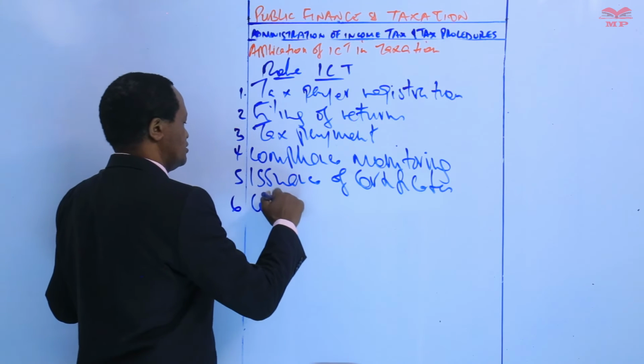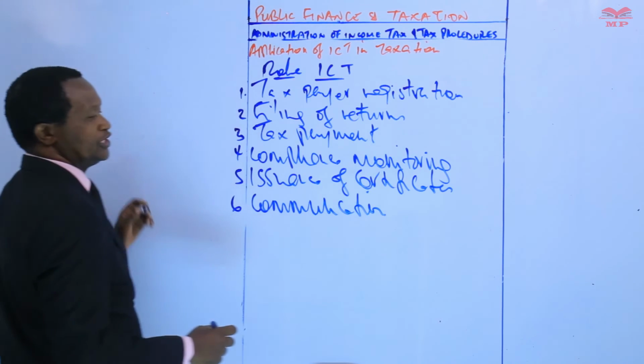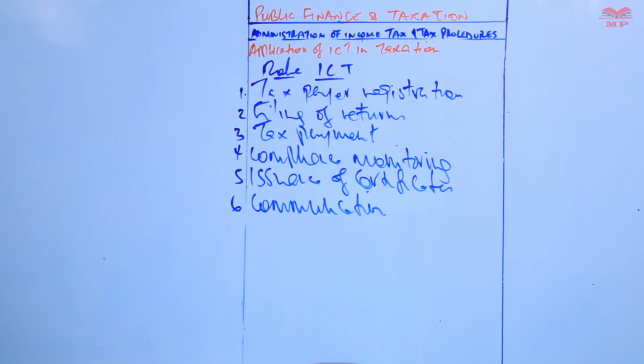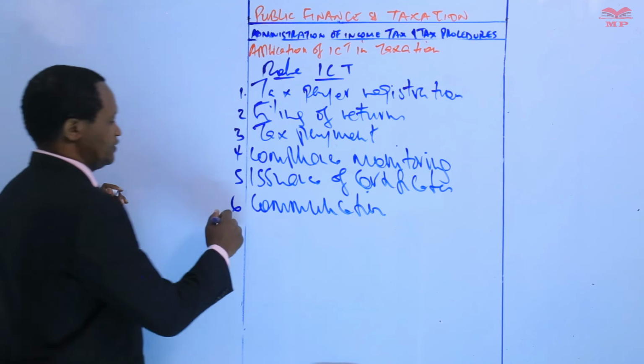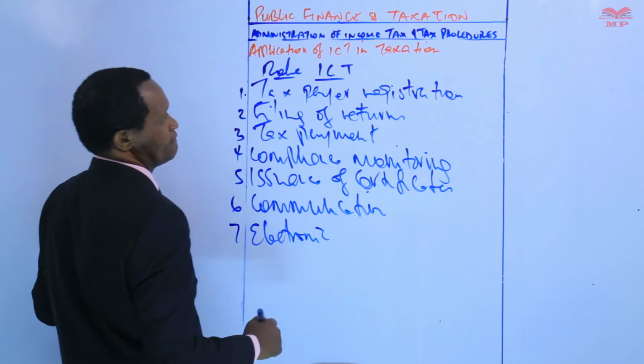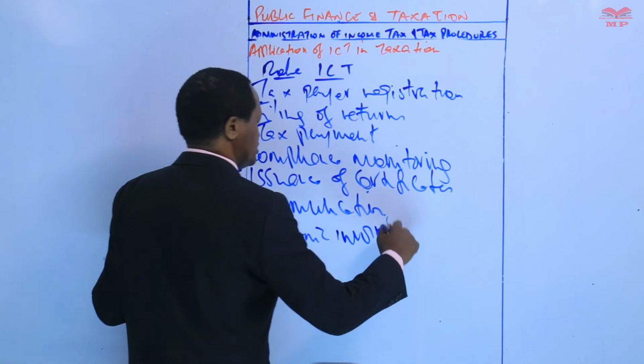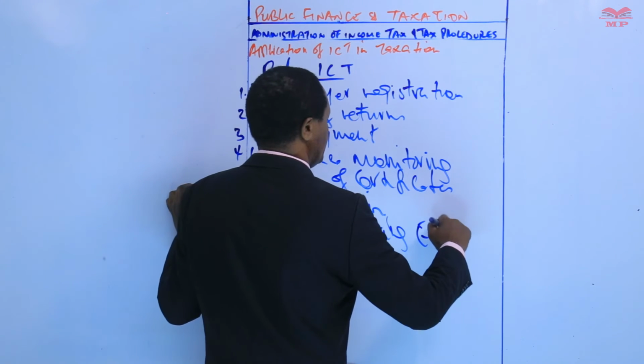6, communication. The iTax platform facilitates communication between KRA and taxpayers through the portal and through registered email addresses. 7, electronic invoicing, e-invoicing.